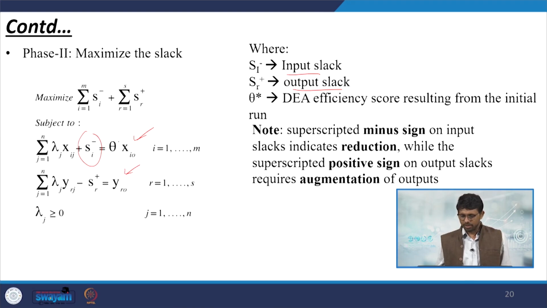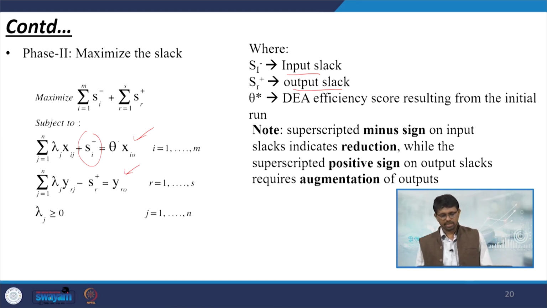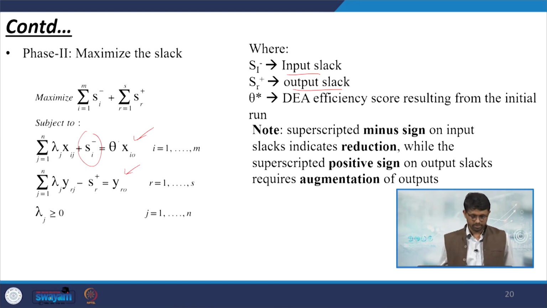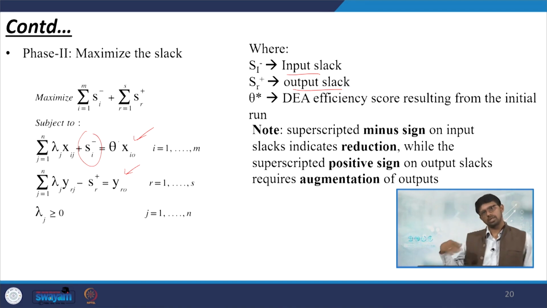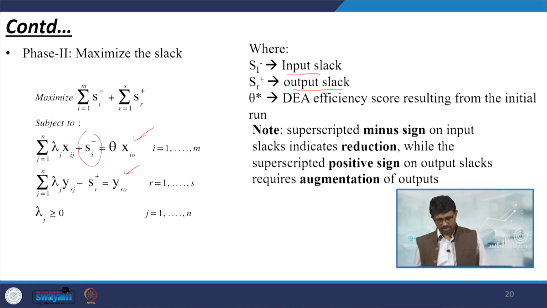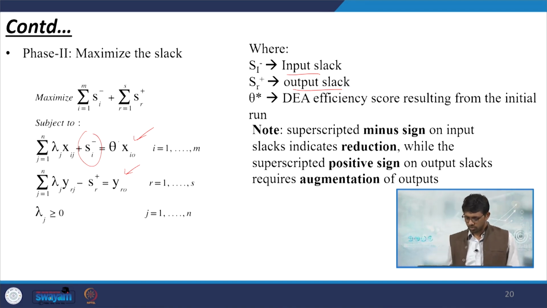The superscripted minus sign on input slacks indicates reduction. Slacks means, in the input context, the objective is to reduce, hence it is a negative one. Whereas in the case of the positive sign, the objective is to increase the output, hence it is augmentation of outputs.